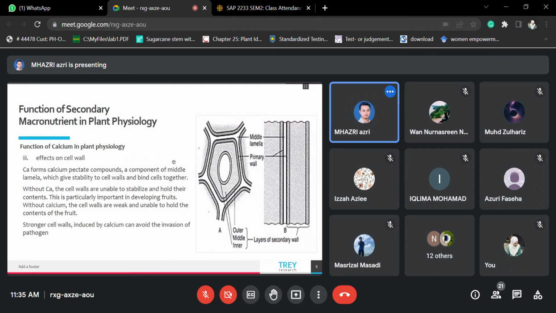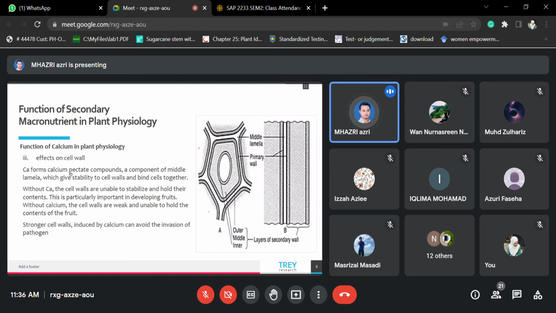Apart from that, calcium is also important for strong cell wall development. Why? Calcium is required by plants to synthesize calcium pectate. What is calcium pectate? Calcium pectate is like a glue.